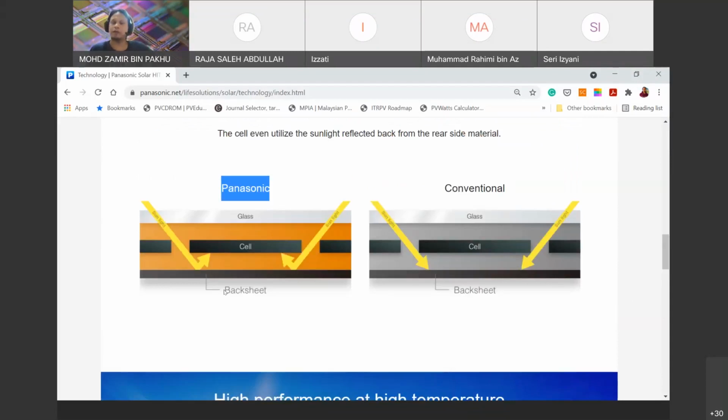So typically people report about 10%, 15%, depending on where do you mount the panel. Kalau snow lain, concrete lain, grass lain, soil lain, depending on the ground albedo. And this will give you extra power from the panel or from the cell by about 15 to 20% average, I would say. Okay.